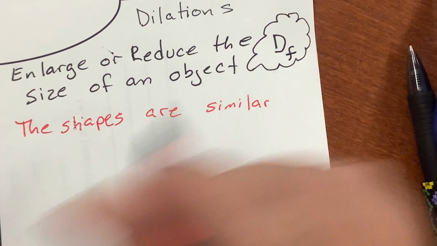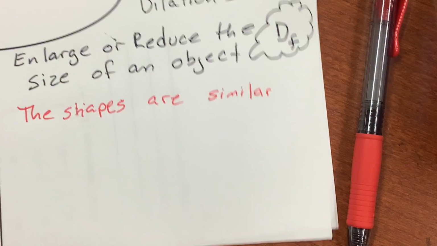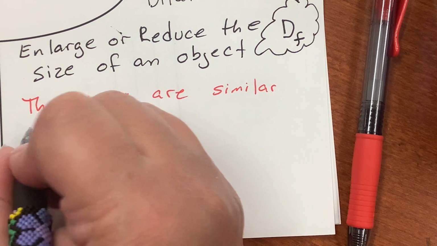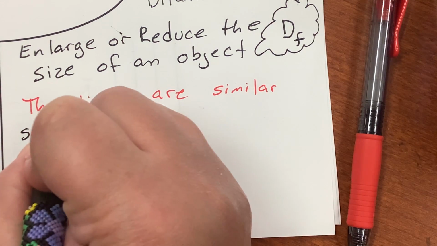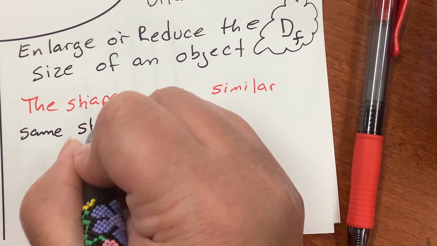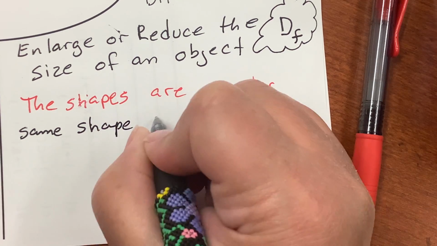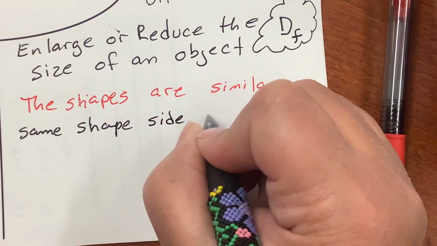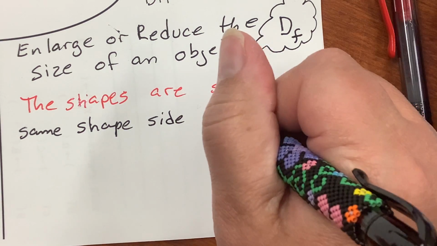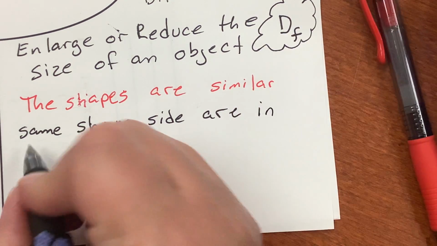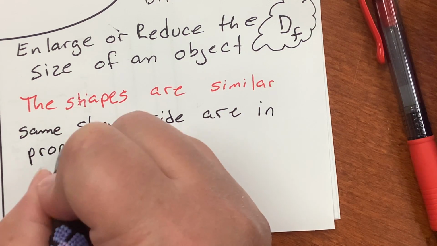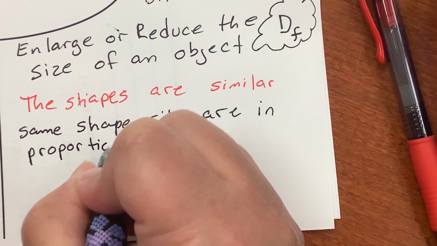And if you remember, similar is same shape, sides are in proportion. Remember how we figured that out?